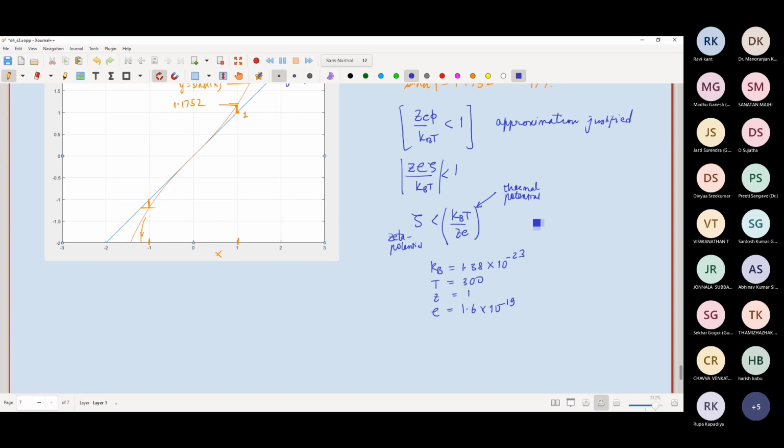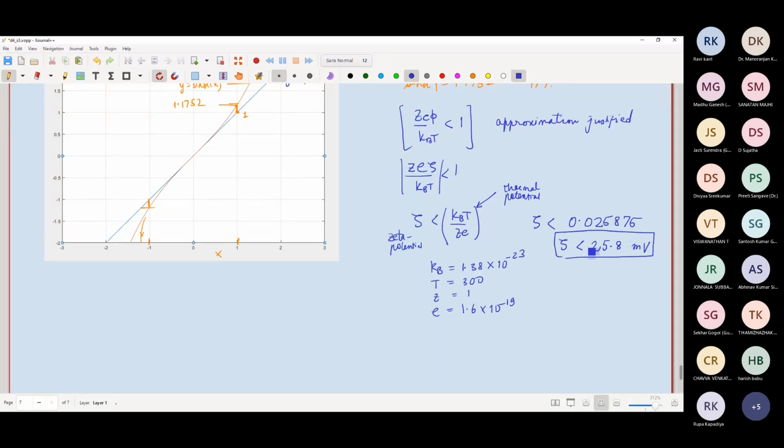If we plug in these numbers, 1.38 × 10^-23 times 300 over 1.6 × 10^-19, it comes out to be 0.025875, meaning that the zeta potential at the wall has to be less than 25.8 millivolts.